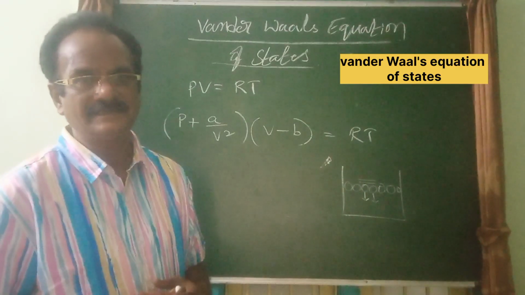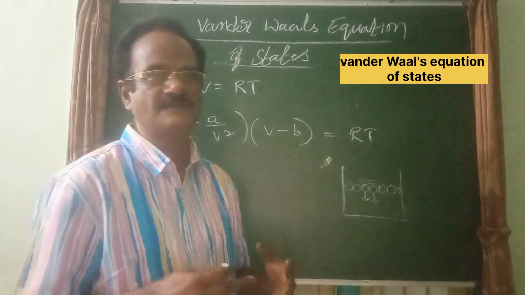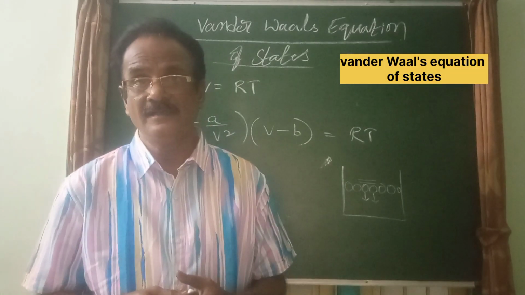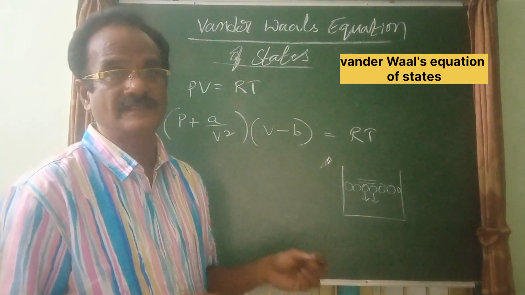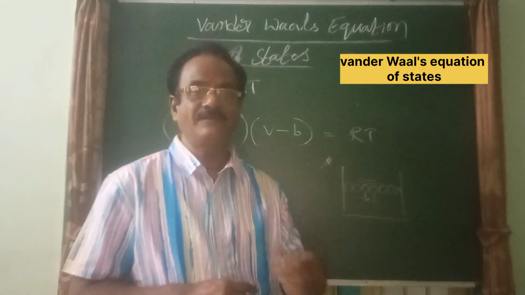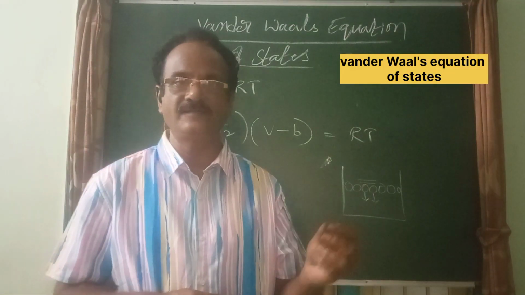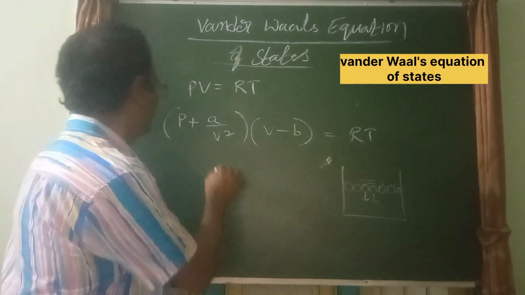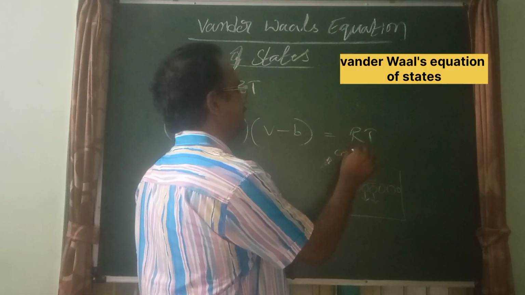But in practice, the molecule present on the surface will experience more attraction, residual attraction. So while discussing the pressure of such a molecule, that much residual pressure experienced by that molecule also has to be incorporated. This is to be considered as the correction in pressure.